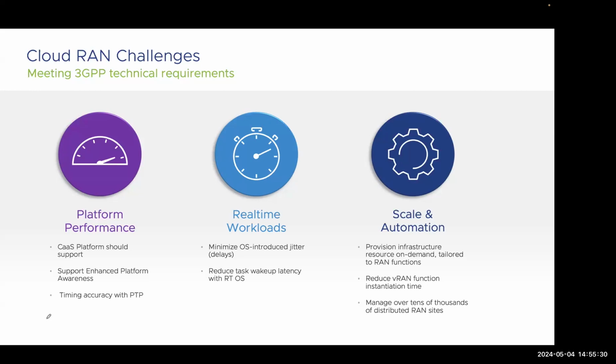A network of 10,000 radio sites is estimated to need around 25,000 COTS servers. Now Karim, if I asked you what a typical data center for telco cloud is, how many COTS servers would you have? Hundreds? Even less than that.